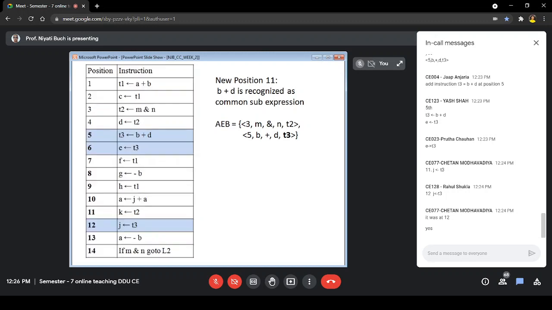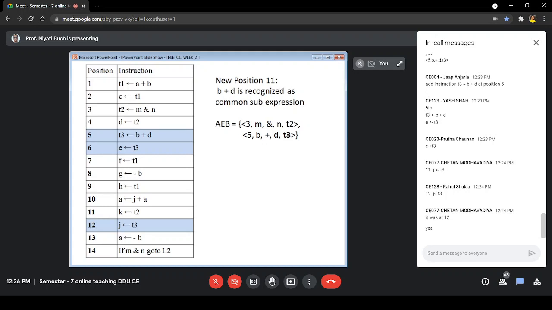So at position number 5, I'm adding the instruction B plus D assigned to T3. Then E is now having the value coming from T3, and now at new instruction number 12, or old 11, what we have is T3 assigned to J.